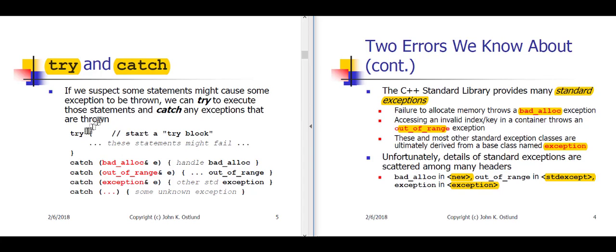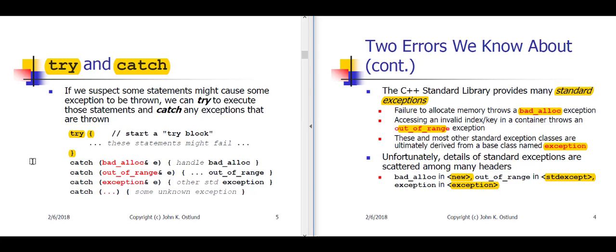A try block consists literally of the word try and then an open curly brace followed by a sequence of statements followed by a closing curly brace. And what that means is we are going to try to execute these statements.